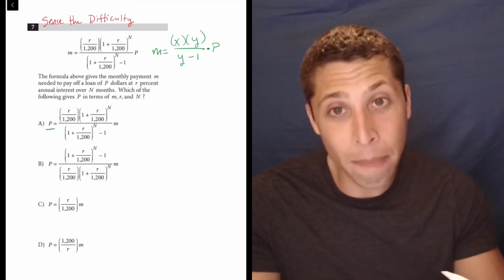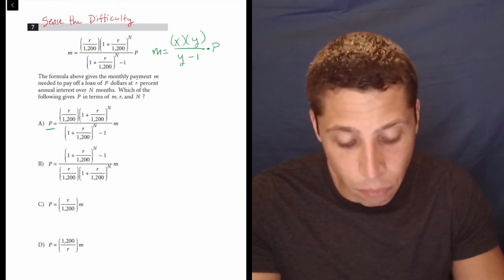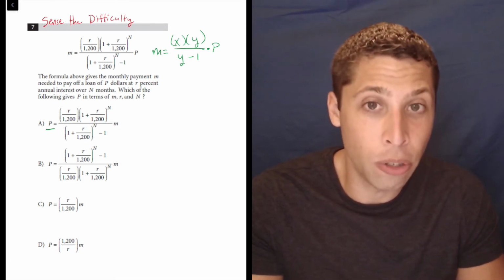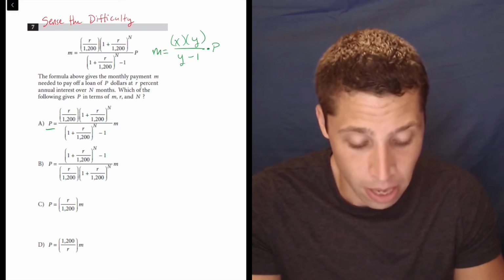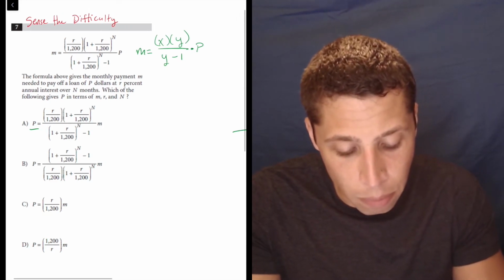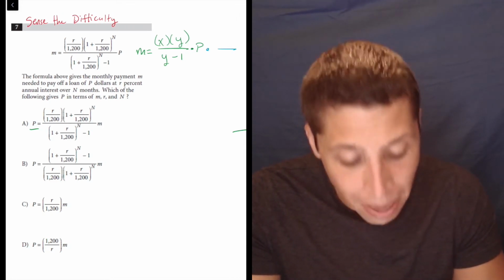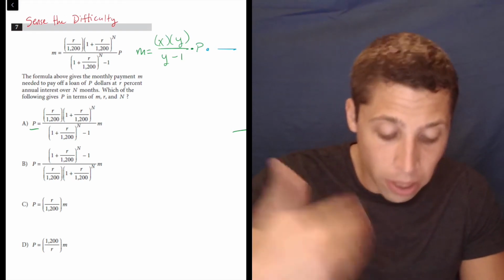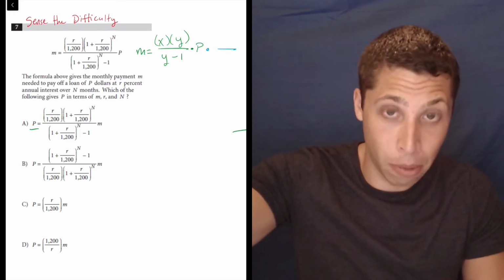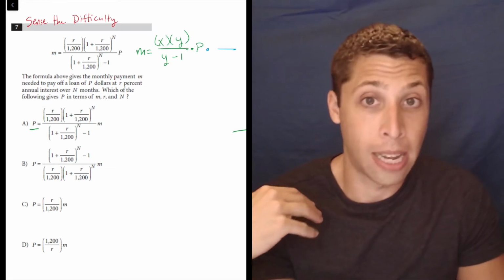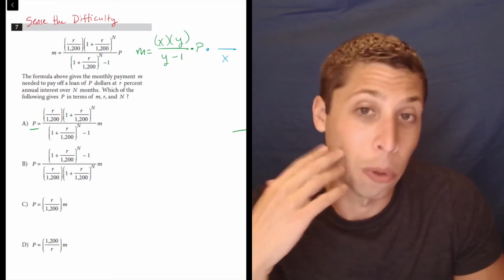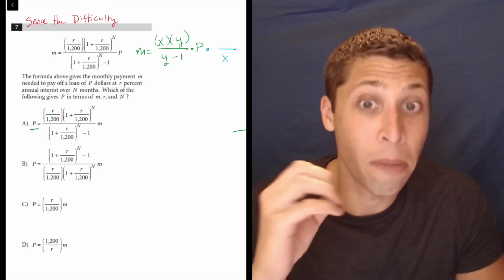And the point I'm going to make is that, well, if we wanted to get P alone, we would try to get rid of this fraction. And so what we would do is multiply by the reciprocal, right? So if I wanted to get rid of the X, for example, I would multiply that side by X on the bottom of a fraction, right?